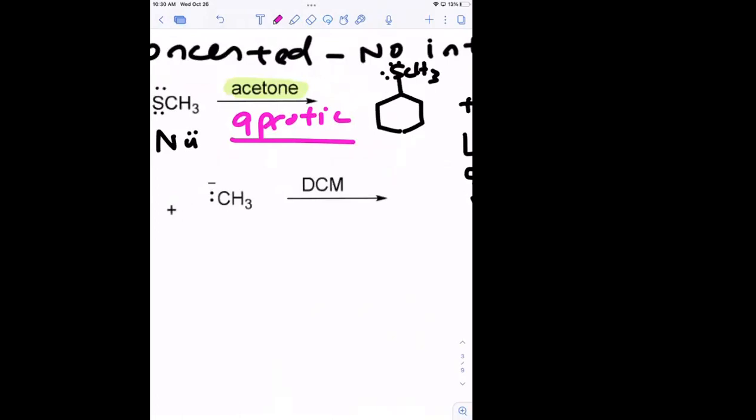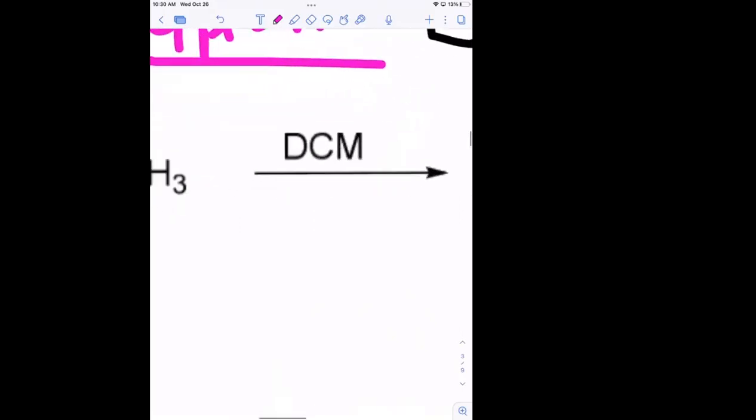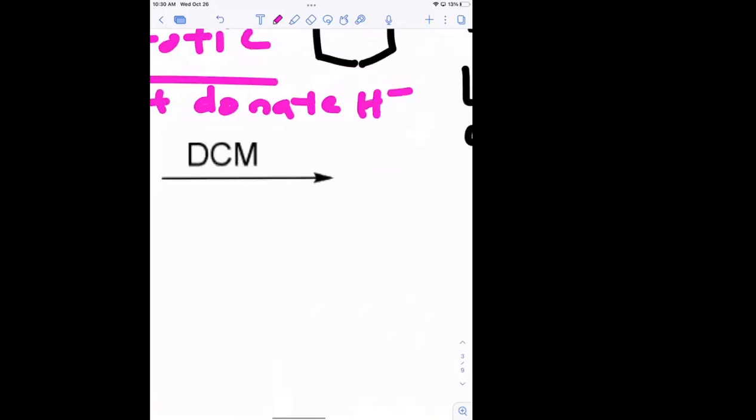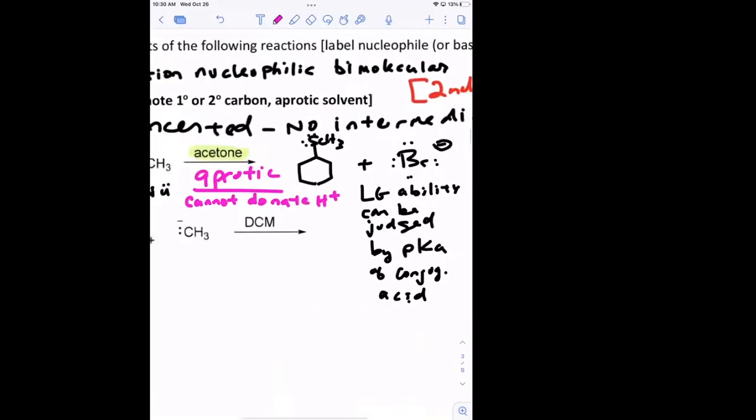It's not like an alcohol or some acid or water that can give away H plus. So that's what aprotic means. It cannot donate H plus. SN2 reactions happen better in aprotic solvents.